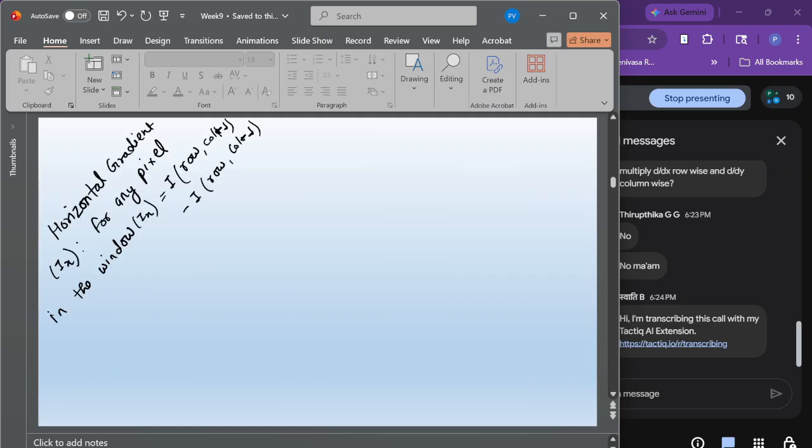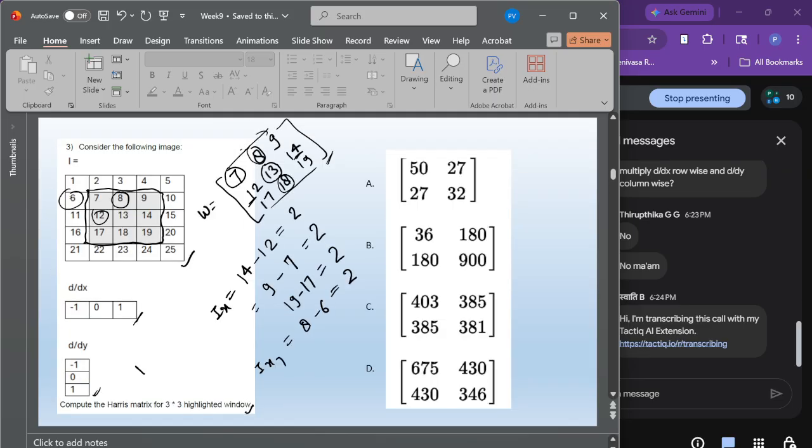In the vertical direction, every pixel differs from the next by 5. So 9 plus 5 is 14, 14 plus 5 is 19. Similarly 8 plus 5 is 13, 13 plus 5 is 18, and 7 plus 5 is 12, 12 plus 5 is 17. So vertically it differs by 5, and horizontally it differs by 1.